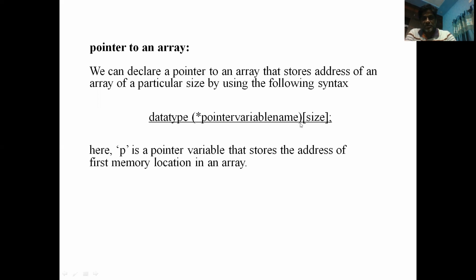Parentheses must be used to group this star and the pointer variable name, and followed by it you should mention the size of the array which you want to point through this pointer variable name. These two are compulsory. You need to remember these two, otherwise there will be some mismatching errors in your program.